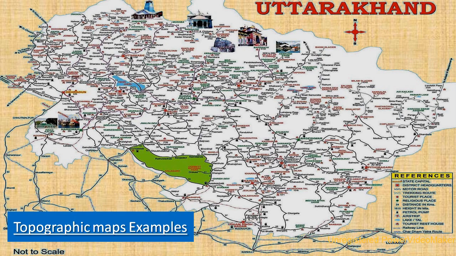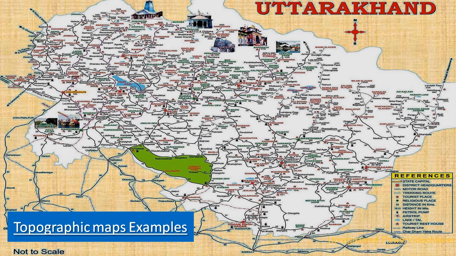This is an example of a topographic map. In this map you can find the blue colour in the middle, that is lakes, and you can find the Corbett National Park. It's a map of Uttarakhand.